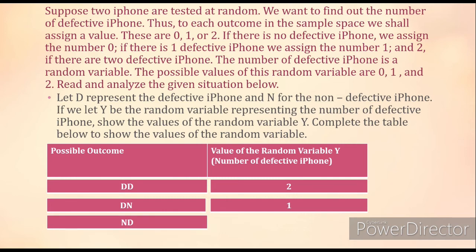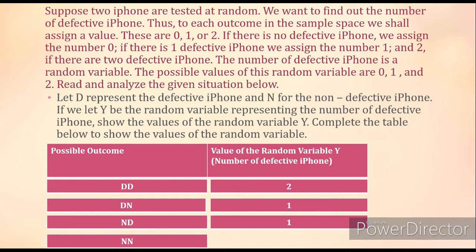And here again, we have 1 defective. And lastly, possible outcome is non-defective and non-defective. In this case, there is no defective iPhone, so therefore, the value is 0. To summarize, the values of the random variable Y are 0, 1, and 2.